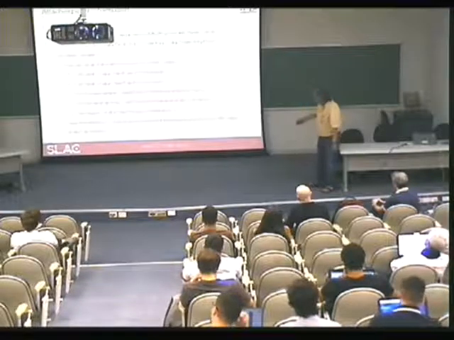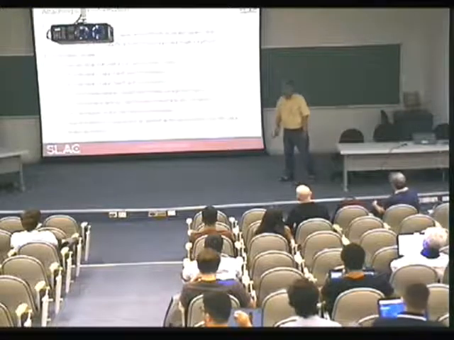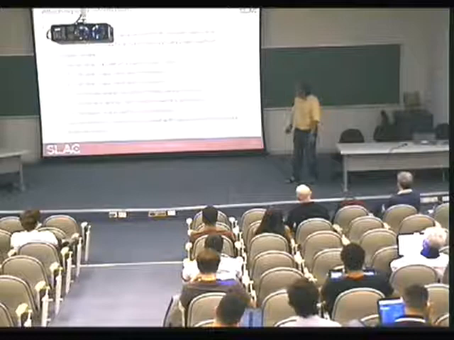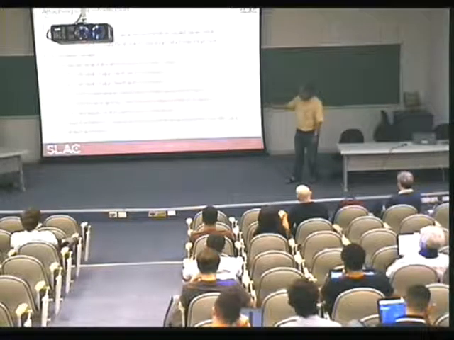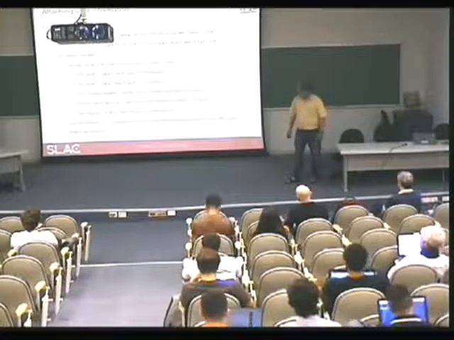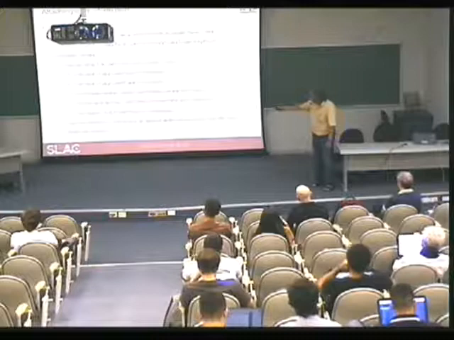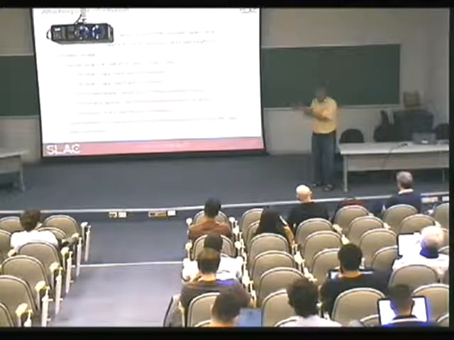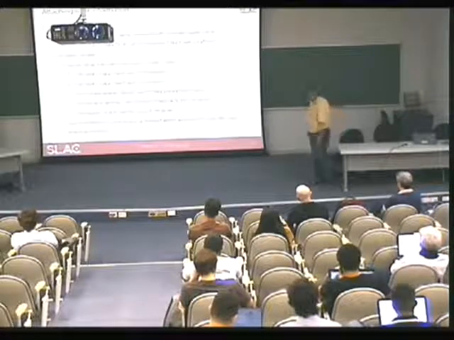But alternatively, we offer you the G4VUserTrackInformation abstract base class so that you can create your own track information and you can associate it with G4Track. This is so-called aggregation, so that we don't have to have any partiality here, but you can still add information to G4Track. Okay.